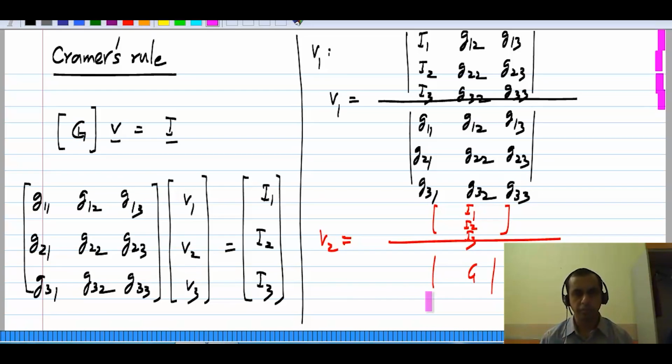So this is also sometimes useful. Again, this hand analysis 3 by 3 is the most complicated that we would consider. For all other cases, if you have to solve for larger circuits with dimensions more than 3 by 3, you use a computer.